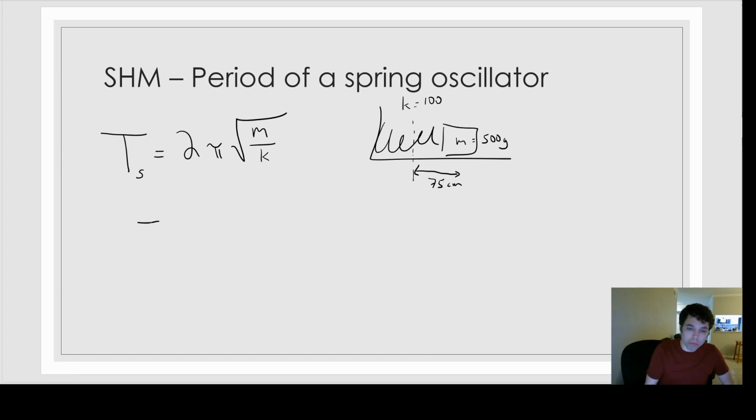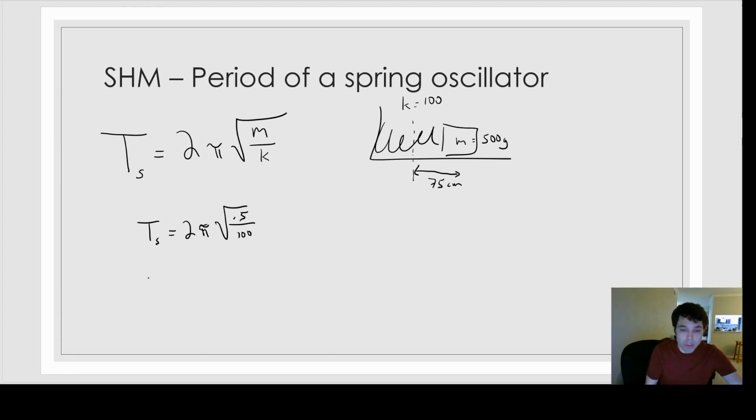Well, period of a spring oscillator is 2 pi square root of the mass, make sure it's in kilograms, so 500 grams is half a kilogram, so 0.5, over k, spring constant, which is 100 in this case. Distance doesn't matter, how far away from the equilibrium we go is not going to make a difference here.